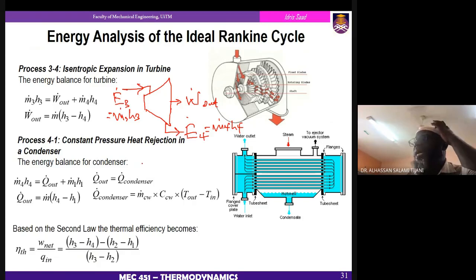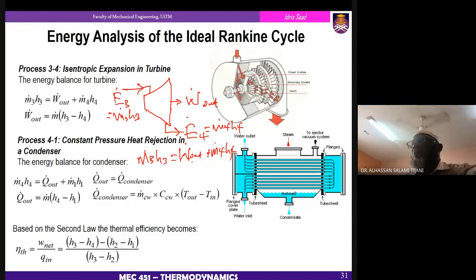The energy balance gives us M3 H3 equals W out plus M4 H4. So W out gives us M times bracket H3 minus H4.